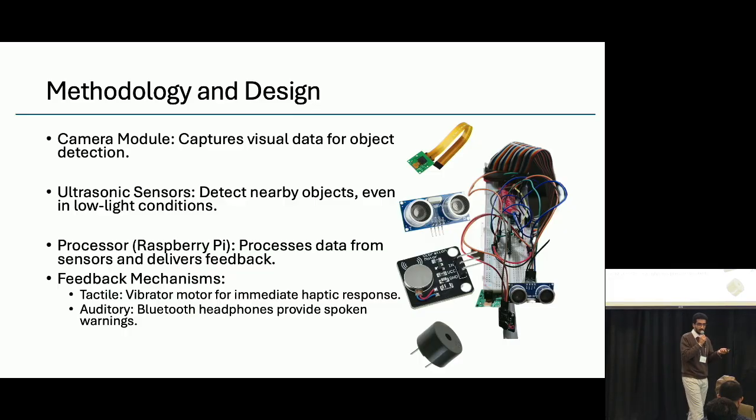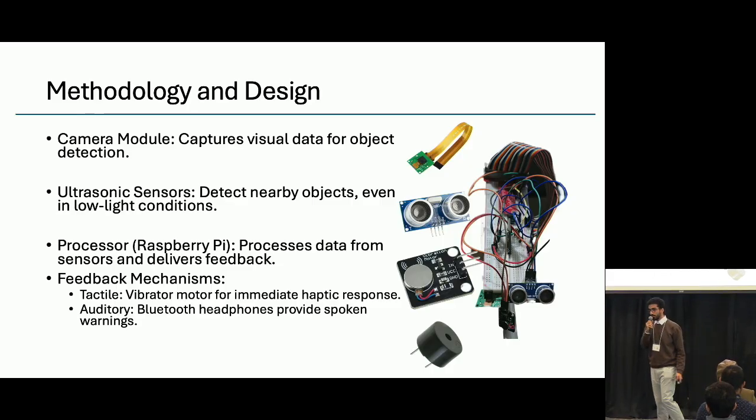I have a camera module that detects the obstacles, and it uses a machine learning library that tells the blind person, this is a rock, that's a human, that's a car, that's a train, through Bluetooth headphones. There's also an ultrasonic sensor to measure the distance, and the processing unit, which is a Raspberry Pi.